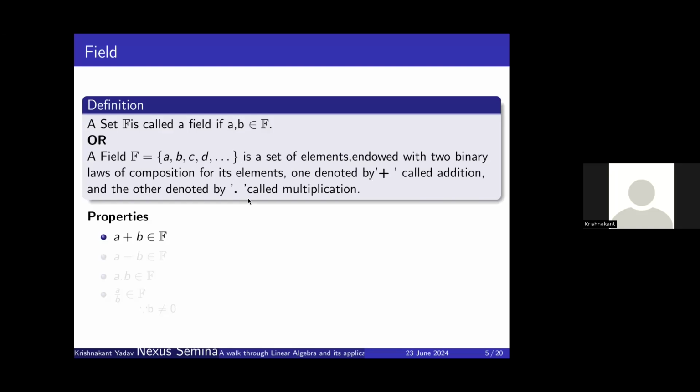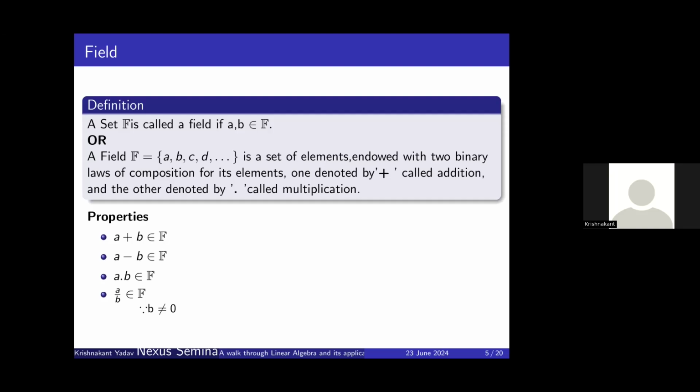What are the properties of a field? If we consider A and B to be elements of the field, then A plus B should belong to the field. Next, A minus B should belong to the field, and the scalar multiplication A dot B should belong to the field.